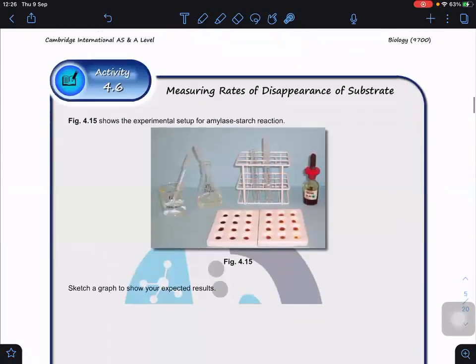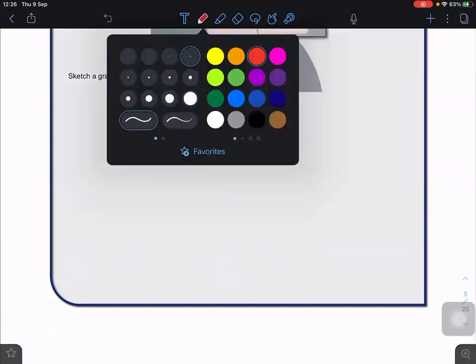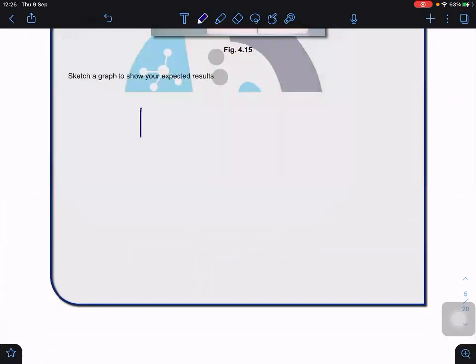Okay, so how do you plot the graph now? For this, you plot the graph because it's the disappearance of the substrates. So this is t, the time, and then this one you can plot as an absorbance, or you can plot it as color intensity.